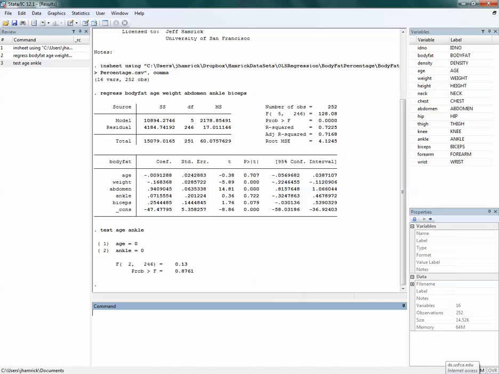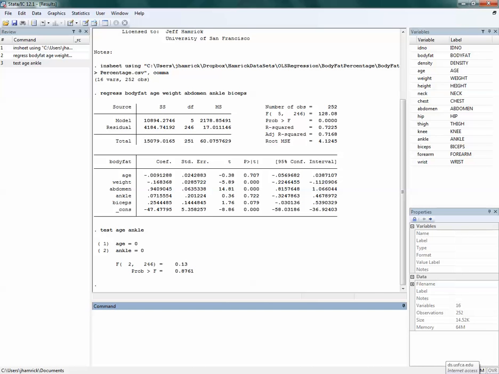Okay? And so when we execute this test in Stata, we get a very small F statistic and therefore a very large p-value. Therefore, we cannot reject the null hypothesis that at the same time the coefficient of age is equal to 0 and the coefficient of ankle is equal to 0. So we probably would be justified in deleting age and ankle from this model.